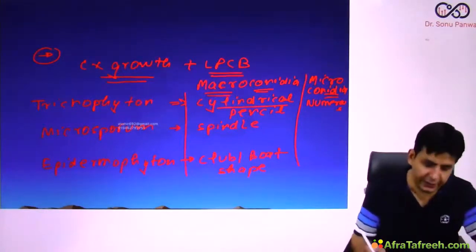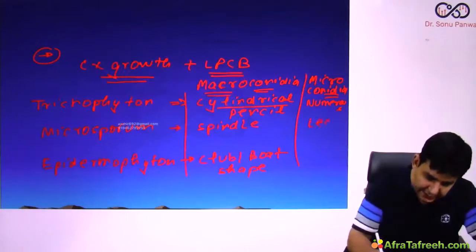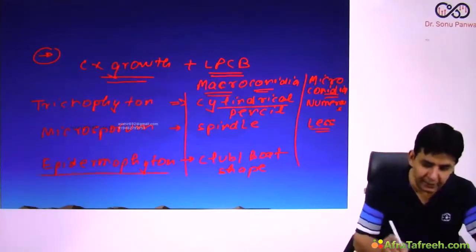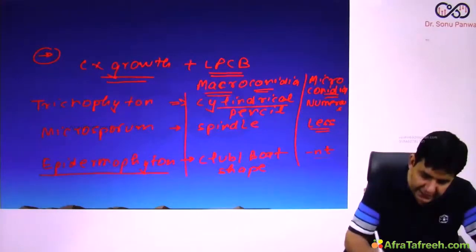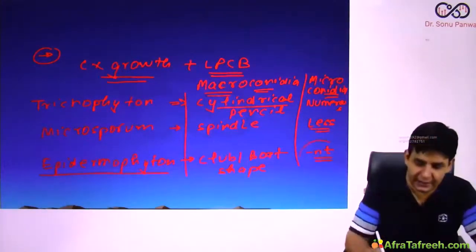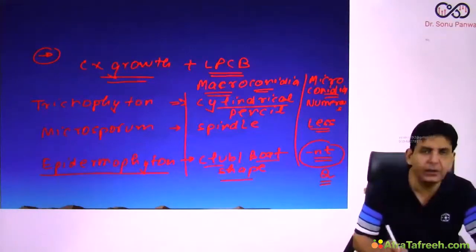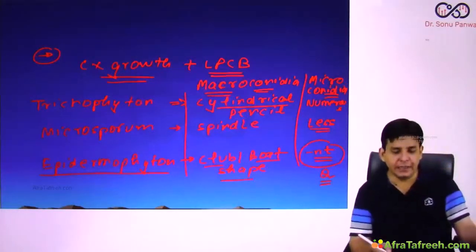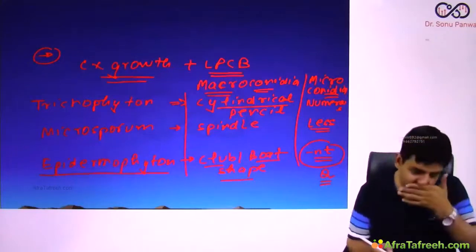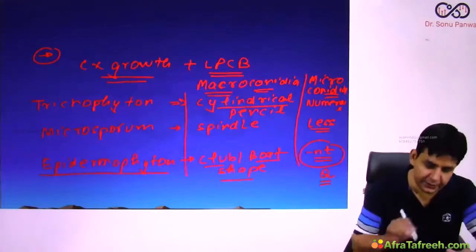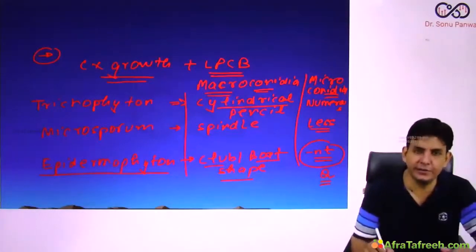The answer is trichophyton. Few are seen in the microsporum. In epidermophyton, microconidia are absent, and this particular thing is a question. You will observe only the club, boat or clavate type of macroconidia, whereas in trichophyton, cylindrical, and in microsporum, spindle shapes you will observe.